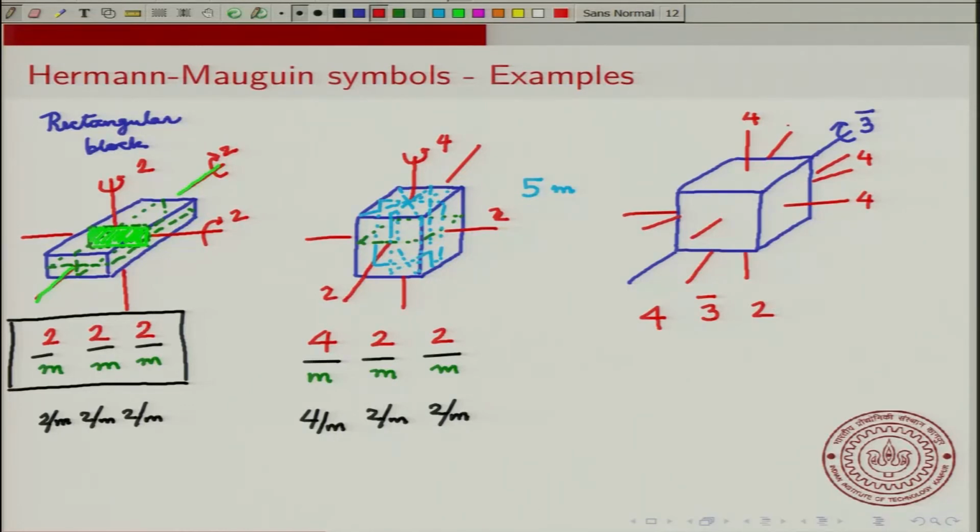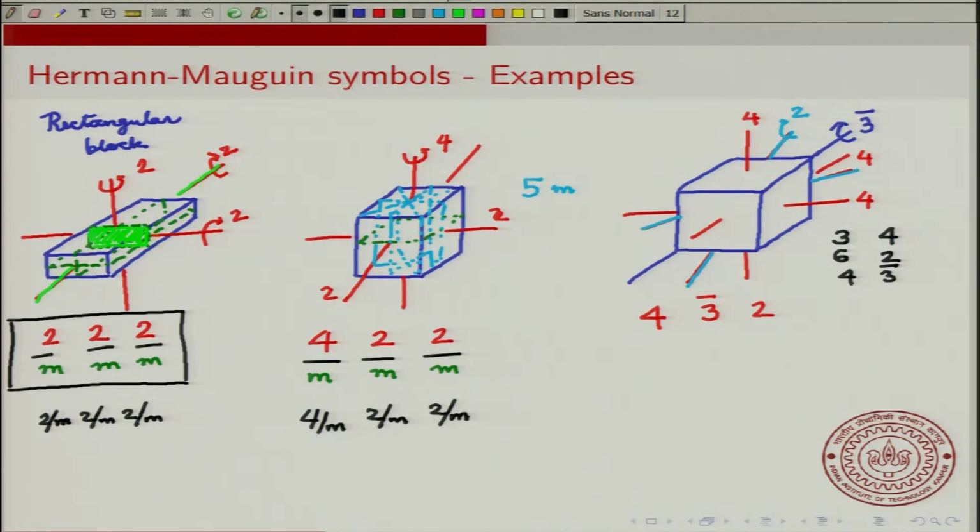Let me use a slightly different color just for the 2-fold axis. So this is a 2-fold axis, this is another 2-fold axis, and there are a total of 12 of them. So if you look at the total number of operations, you have 3 4-fold axis, you have 6 2-fold axis, and you have 4 3 bar axis.